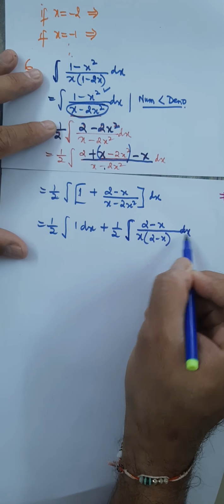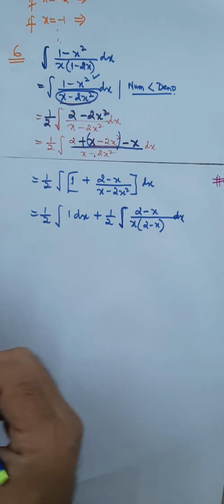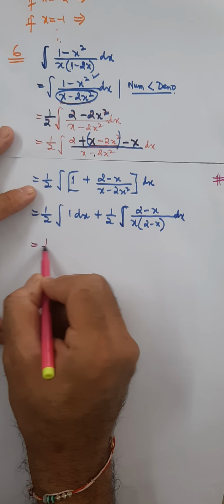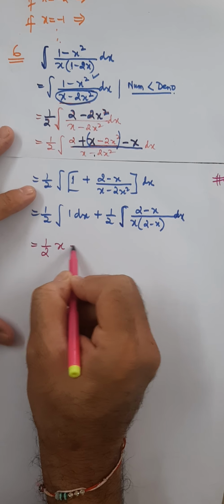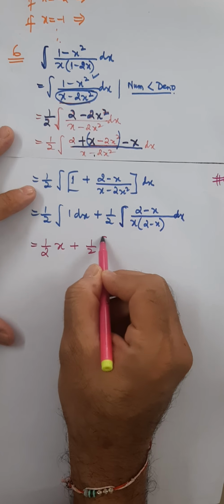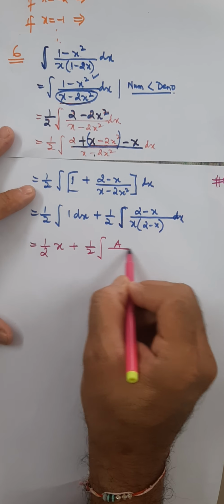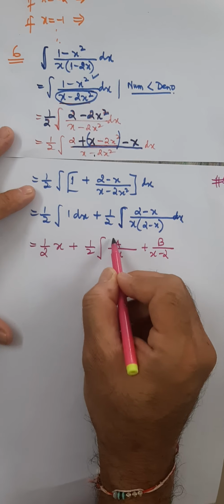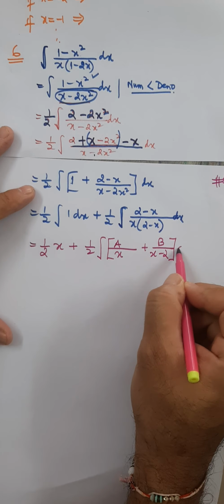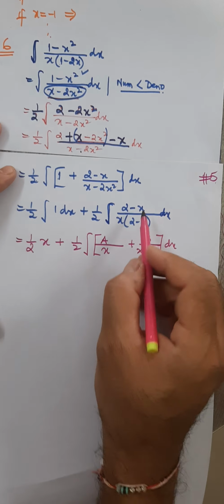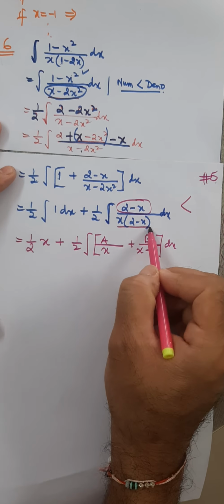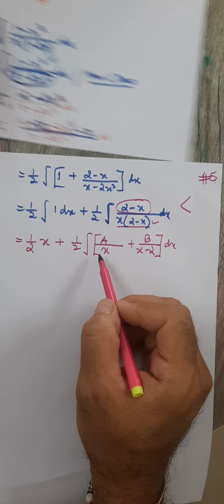Now this is a product of two linear factors, so for this we'll use the partial fraction method. 1 by 2 as it is. What is the integral of 1? That is x. Here partial fraction method: A upon x plus B upon x minus 2. Now you can use the partial fraction method, as you must have noticed, because here the power of this expression is strictly less than the power of this expression. That's why.